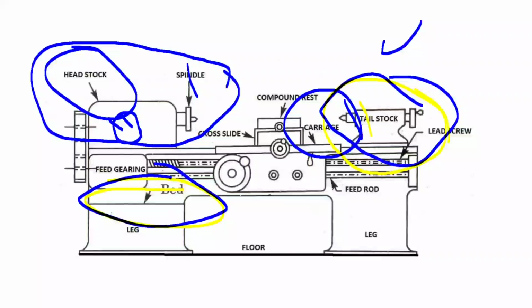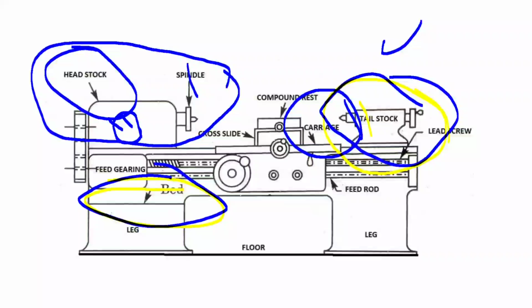So we are going to discuss all these parts in detail, as it can be asked in the exam. Because this topic is small, which is given in your textbook, if they want to ask you a question on the topic carriage, then they will definitely ask: what are the main parts of the carriage?